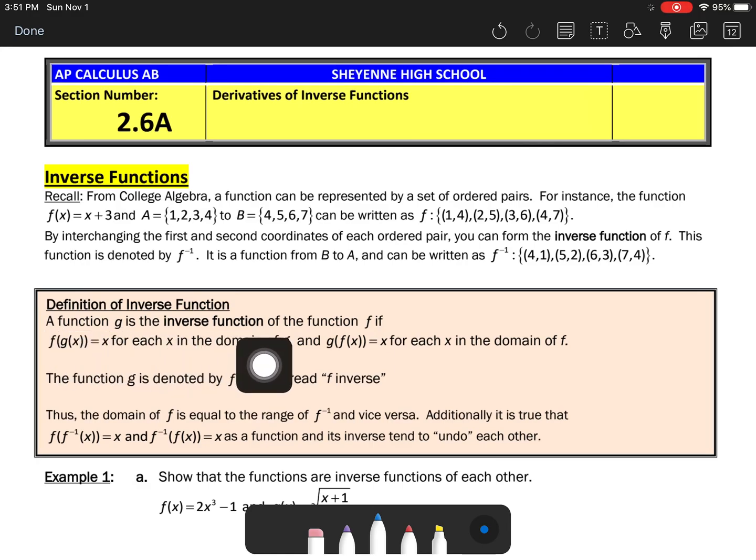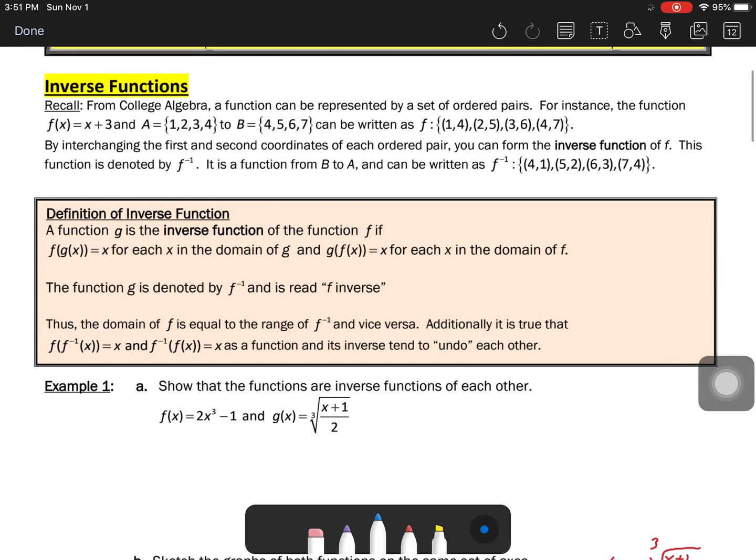A function g is the inverse function of f if f of g of x equals x for each x in the domain, and g of f of x equals x. That's the algebraic test to determine whether or not two functions are inverses of one another. Thus the domain of f equals the range of f inverse.